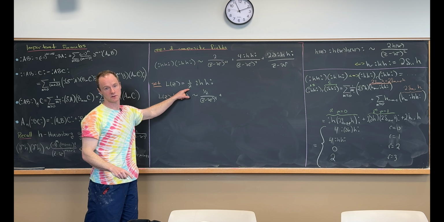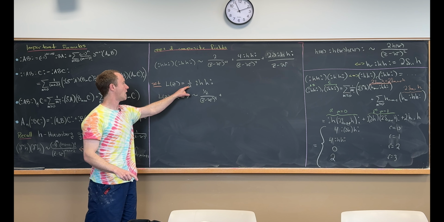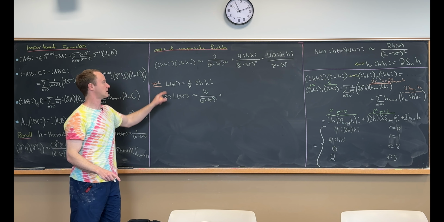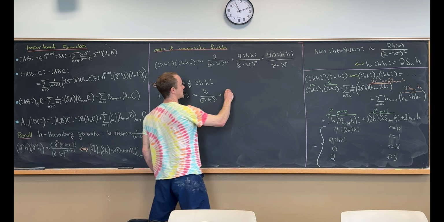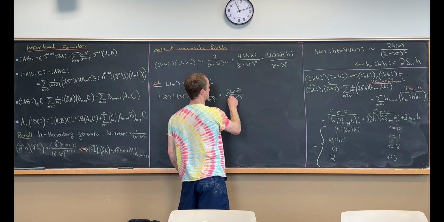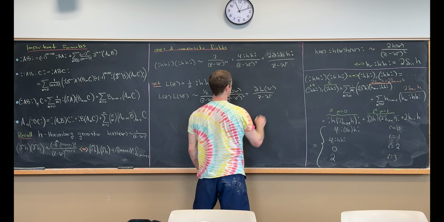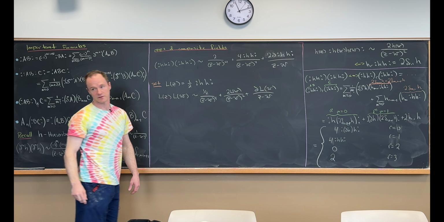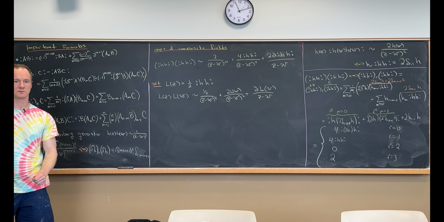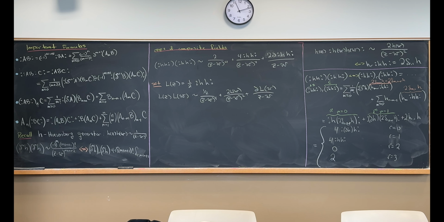But 1 HH is 2L. So you have 2L over z minus w squared plus the derivative of L over z minus w. So you get the Virasoro relations.